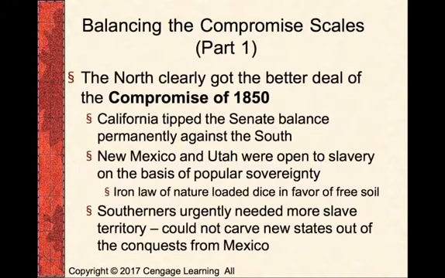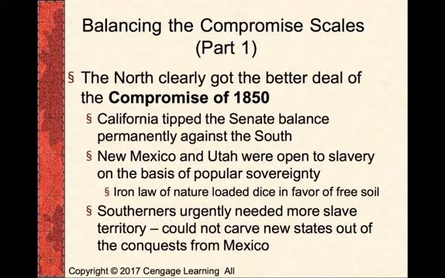Now the North gets the better end of the deal in the Compromise of 1850. California becomes a state, and so the Senate is permanently against the South from this point on. New Mexico and Utah are open to slavery, but there's no guarantee that enough people will go there to settle who will want slavery.